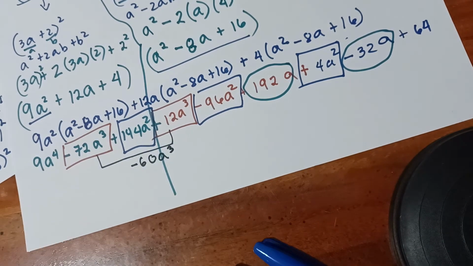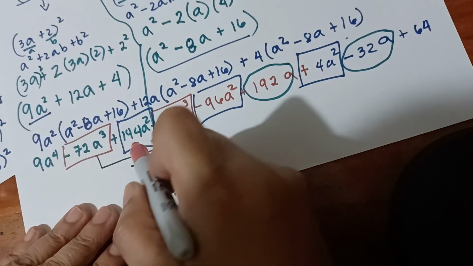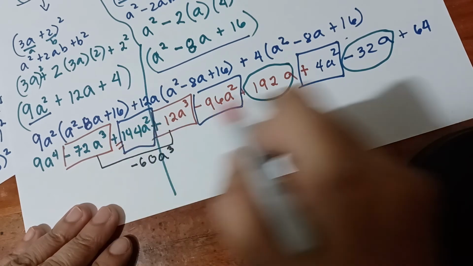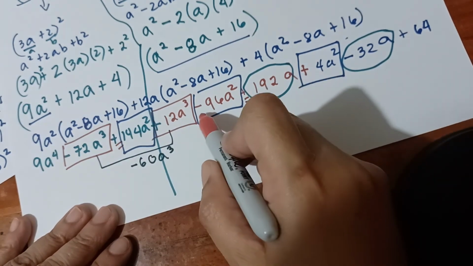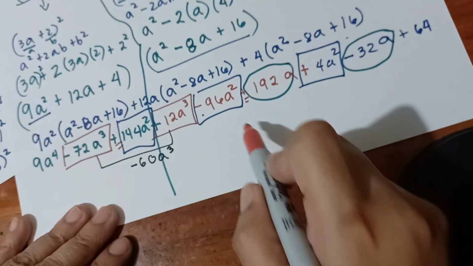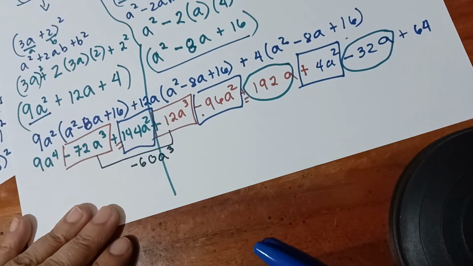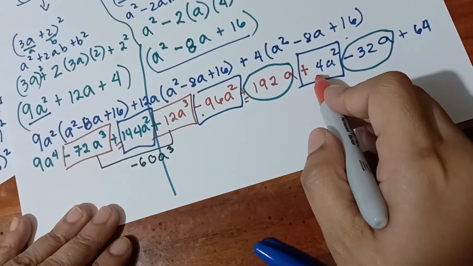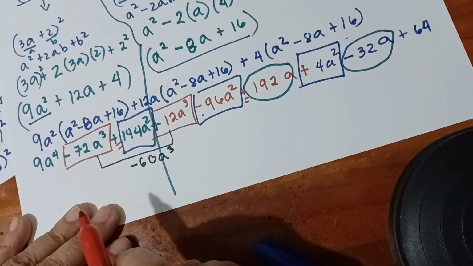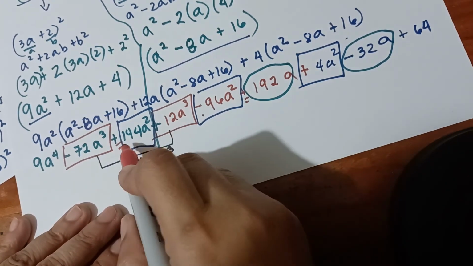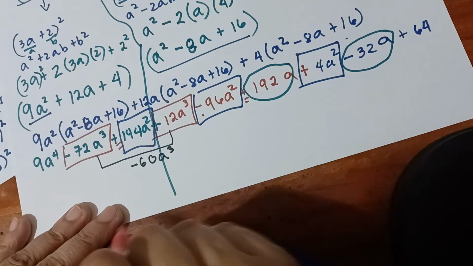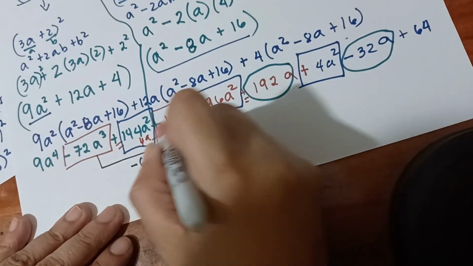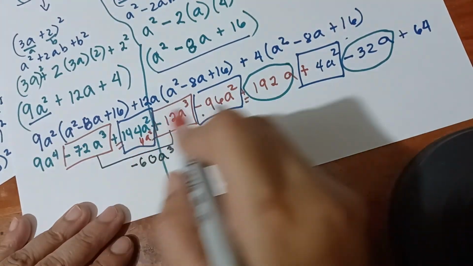Okay? Next is etong a squared. So, ilan yung a squared natin? 144a squared positive and then negative 96a squared at positive 4a squared. So, ang unang-una mong gagawin, i-combine mo muna yung 144 at yung 4a squared. So, magiging 148.